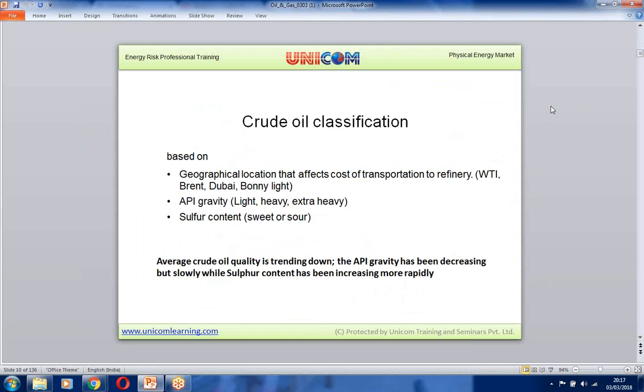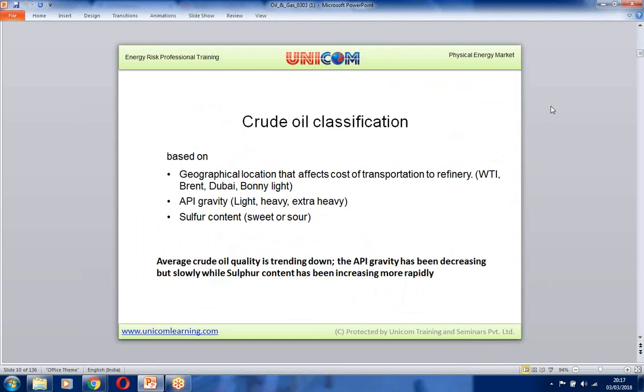Crude oil is of no value unless it reaches the refinery, so geographical location is an important classification parameter. Then we have already seen API gravity, in which we separate crude oil into light, medium, heavy, extra heavy. Sulfur content again is sweet and sour.